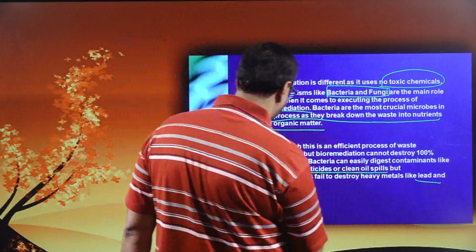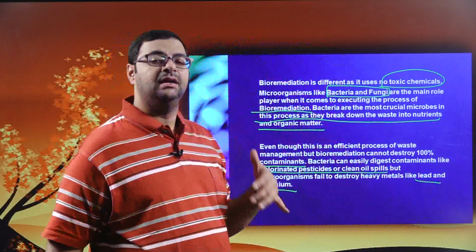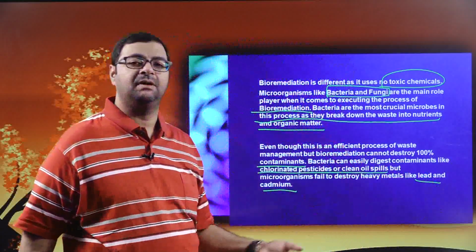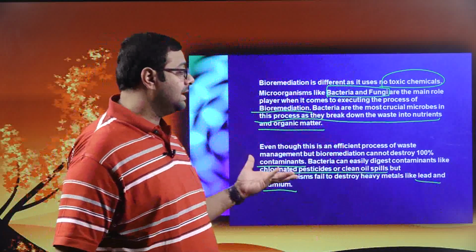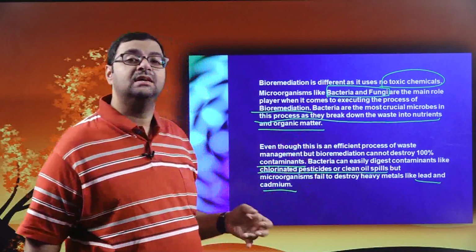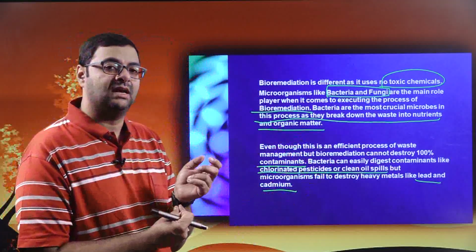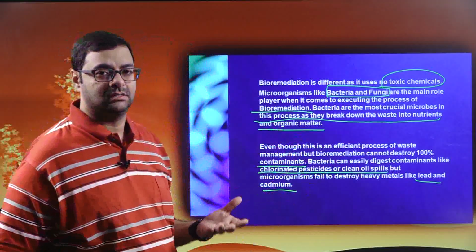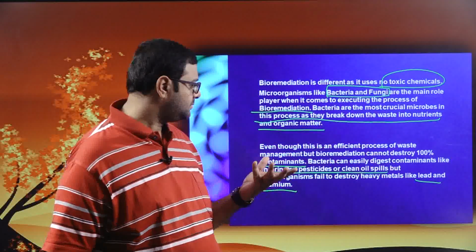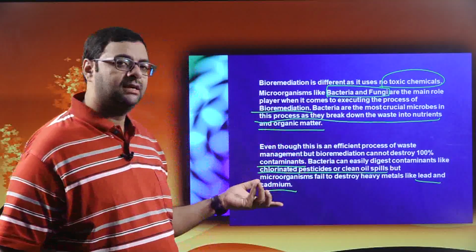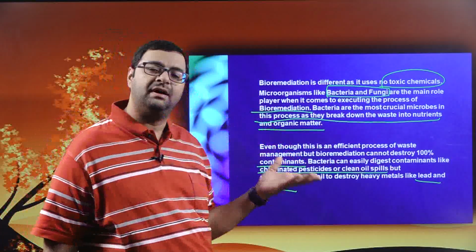You know that from industries some heavy metals come, and bacteria cannot destroy these. So there has to be some other way through which these things are digested or neutralized. That is why they say bioremediation is not a foolproof 100% process.